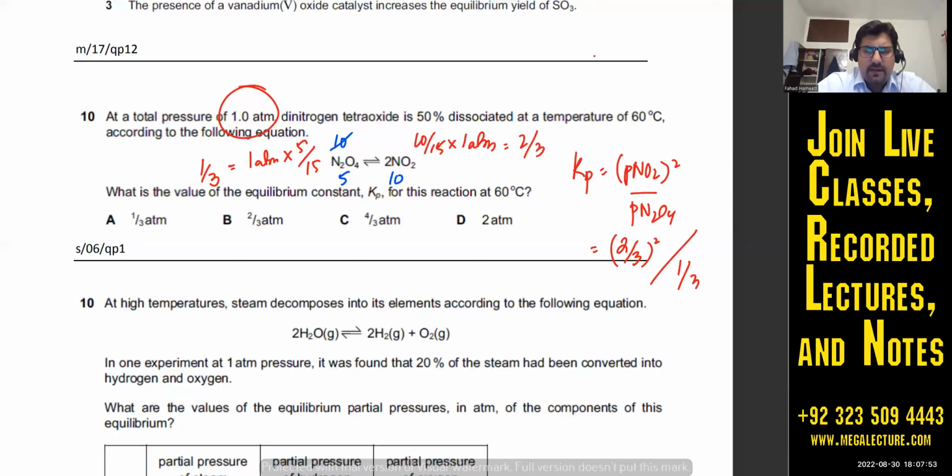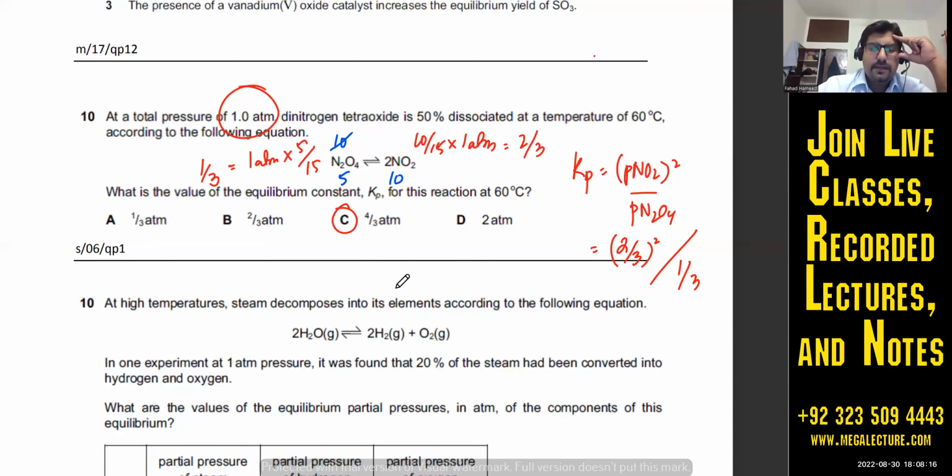So what do I get? I get 4, और क्या होगा? 4/3. 2 squared, 4 हो गया, and I guess the 3 gets cancelled out, so it's C.